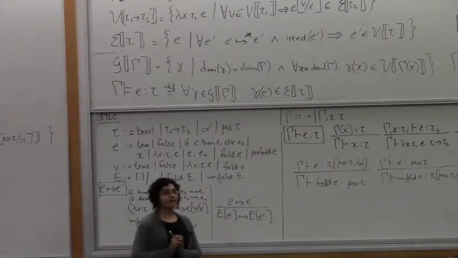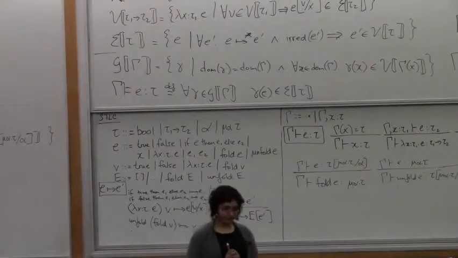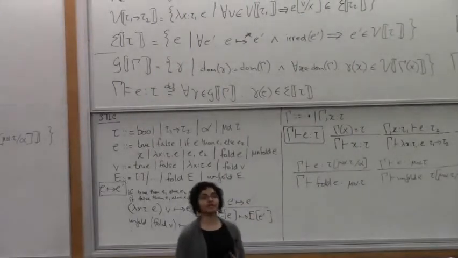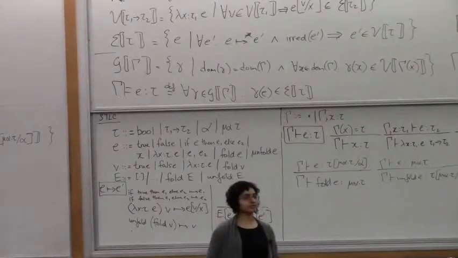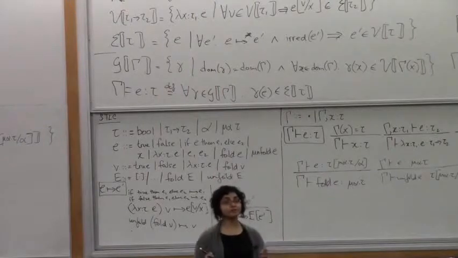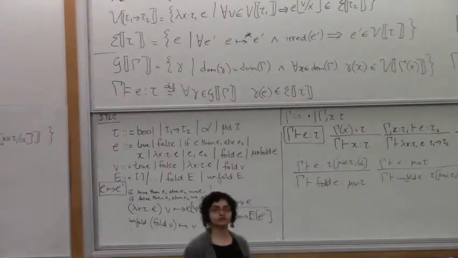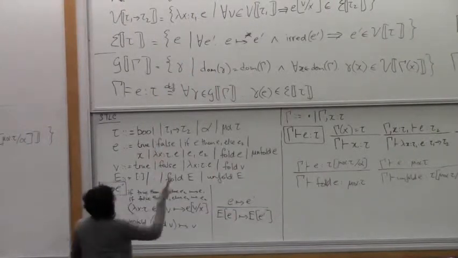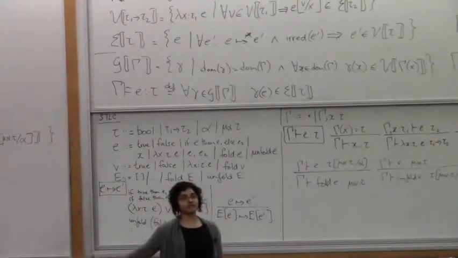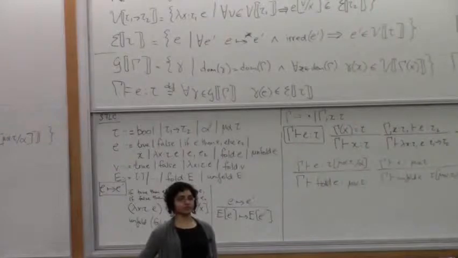Step index logical relations fall into the category of the operational kind of logical relations. I just mentioned denotational logical relations, where you interpret types using some sort of mathematical objects. You say V of tau is inhabited by some sort of mathematical functions, etc. We're not doing denotational semantics.